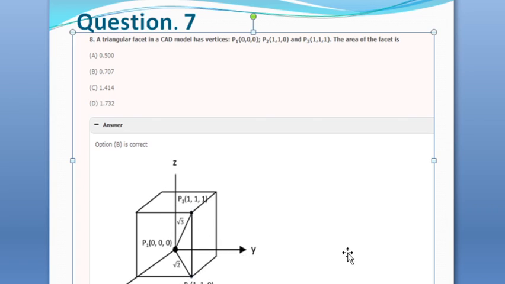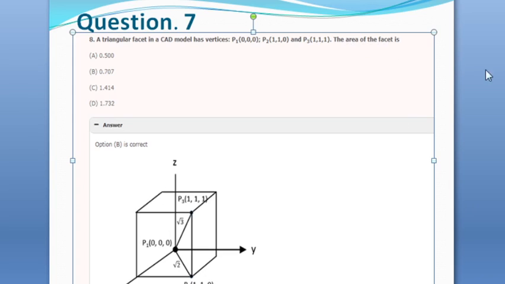Can you understand? First, we have to draw the 3 axes X, Y and Z. This is P1, the origin. Say P2 is (1, 1, 0); here the Z value is 0. Here both coordinates are 1 unit, x 1, y 1, z 1. By connecting these 3 points P1, P2, P3, we get a triangular face.